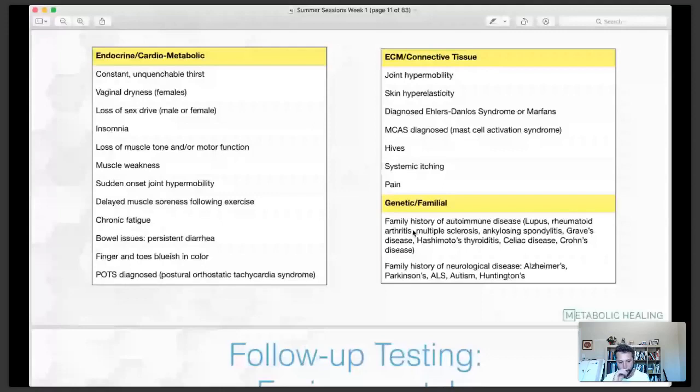Now, it's not been proven, so loss of sex drive or vaginal dryness in females, it's not been proven that mold inhibits estrogen or alters estrogen metabolism. However, there's clinical evidence that that's occurring.